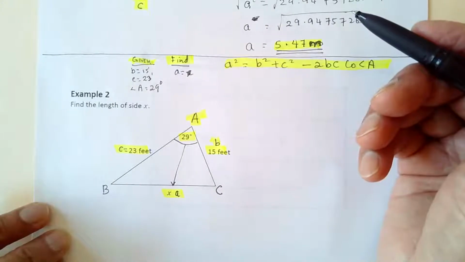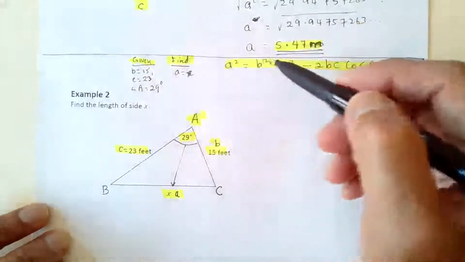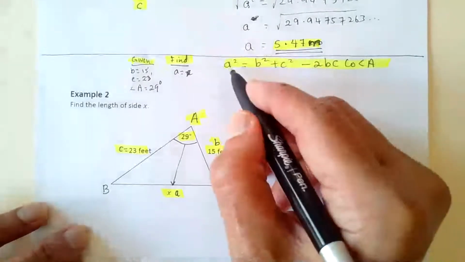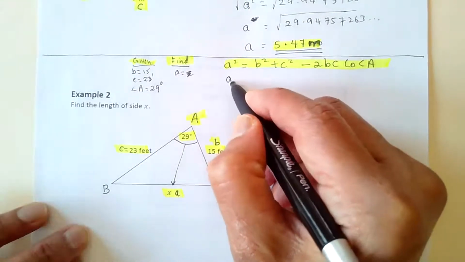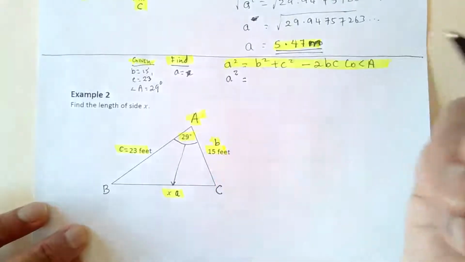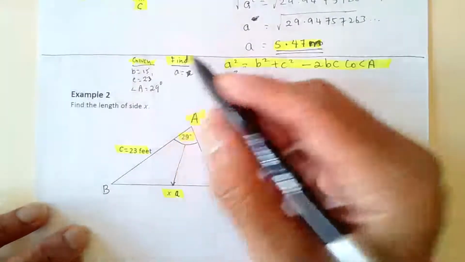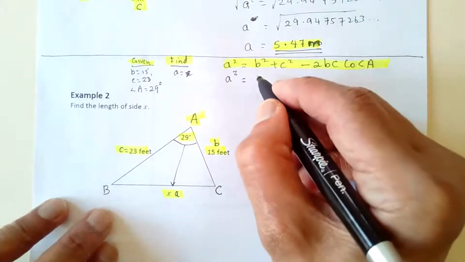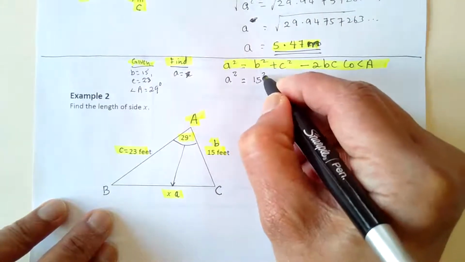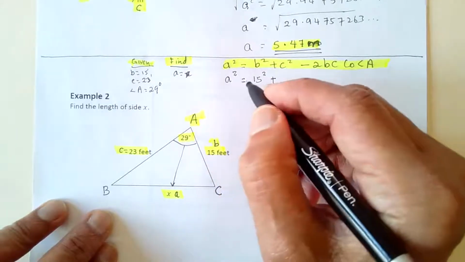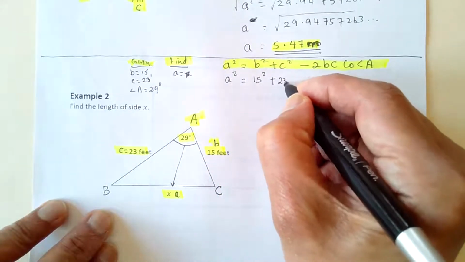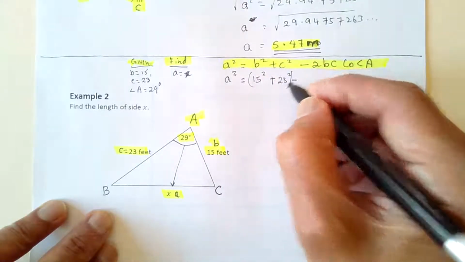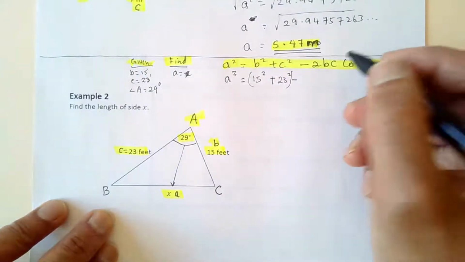Our next step is to substitute our given values into our cosine rule. A is not given, so leave it as A to the power 2. B is 15, so 15 squared. C is 23. I'll group these by putting brackets.